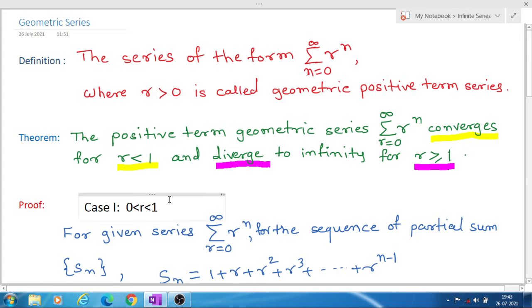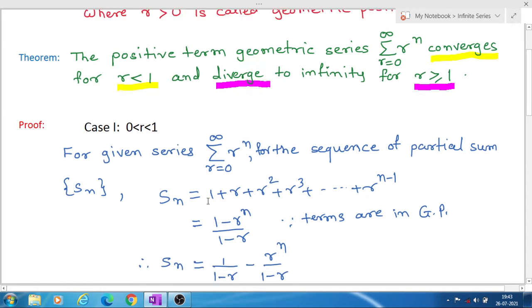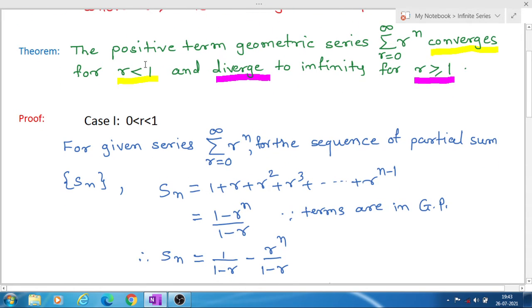Now we have to prove a theorem: the positive term geometric series summation r raised to n converges for r less than 1 and diverges to infinity for r greater than or equal to 1.